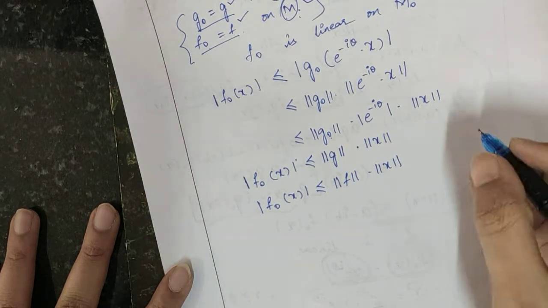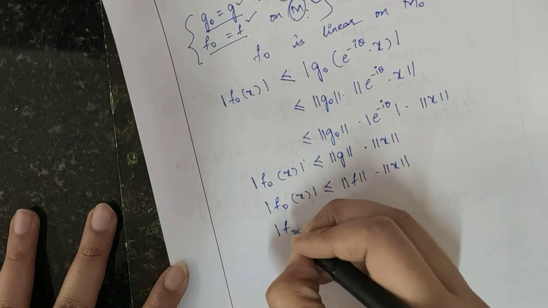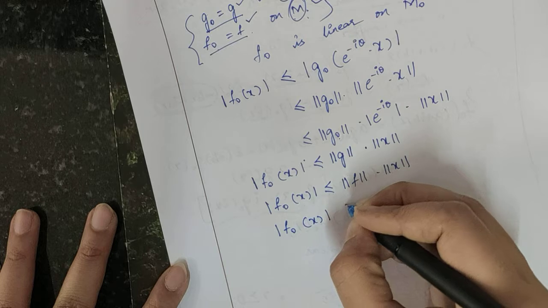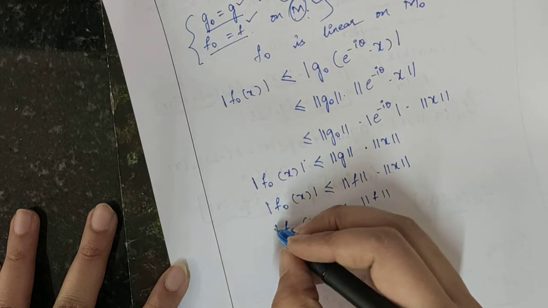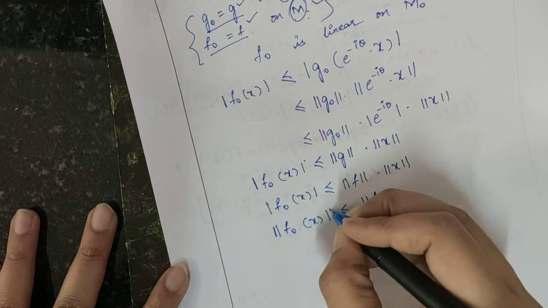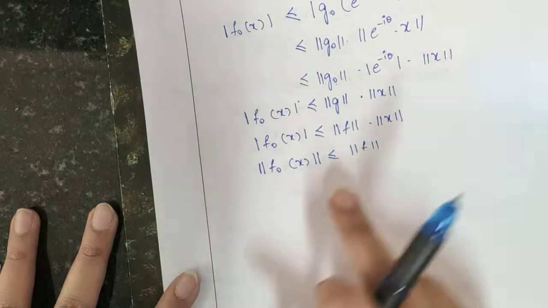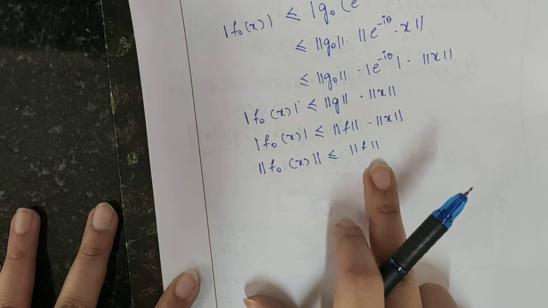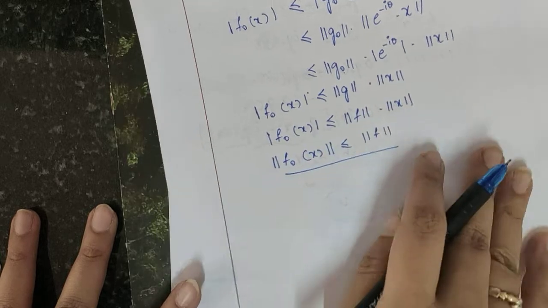The value of norm x, we usually take it is less than or equal to 1, so I can write this as f naught of x is less than or equal to norm f. Since f naught is a function, I can write in terms of norm also. It makes no difference. Okay, so norm f naught of x is less than or equal to norm f. So from this what you can conclude?